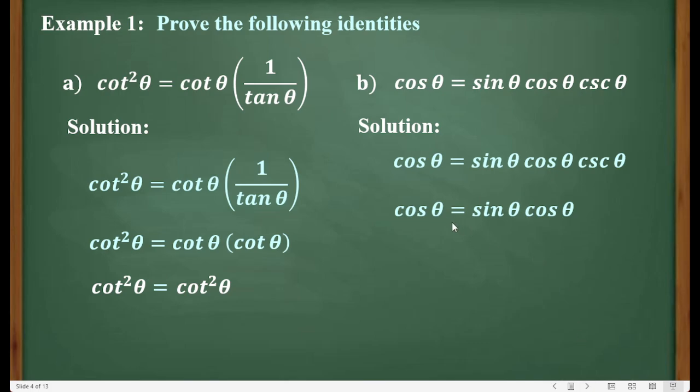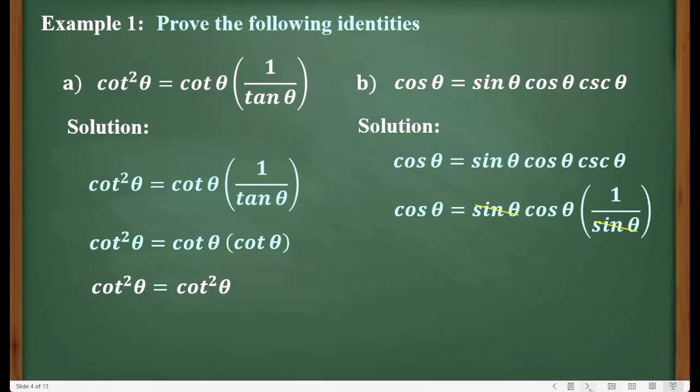For our first line of solution, we have cosine theta equal to sine theta cosine theta multiplied by the equivalent of cosecant theta, which is 1 over sine theta. We apply the reciprocal identity, cosecant theta equals 1 over sine theta. At this point, we cancel sine theta, and what will remain on the right side is just cosine theta.